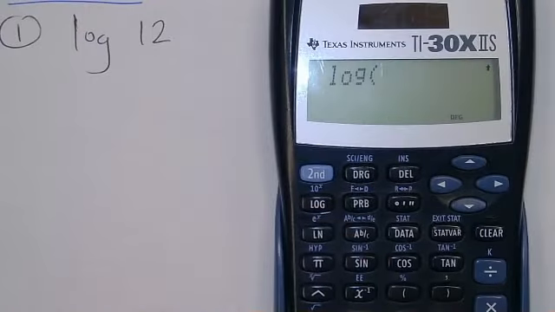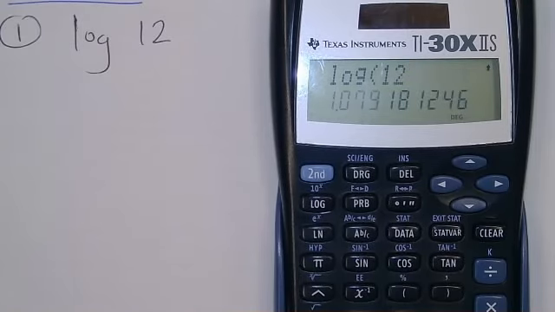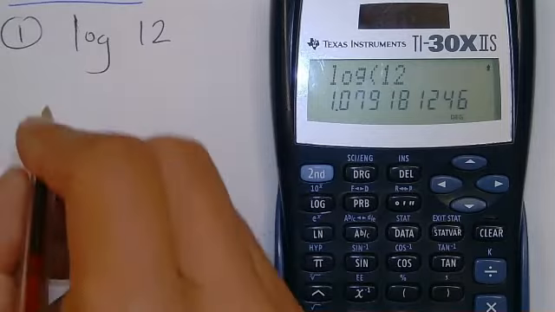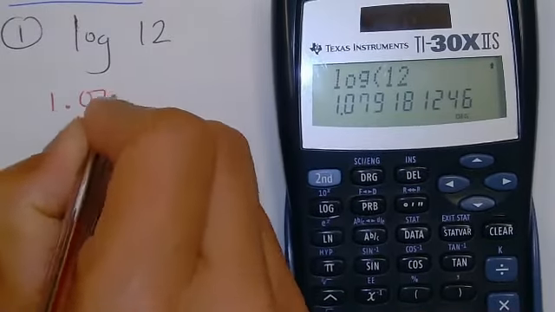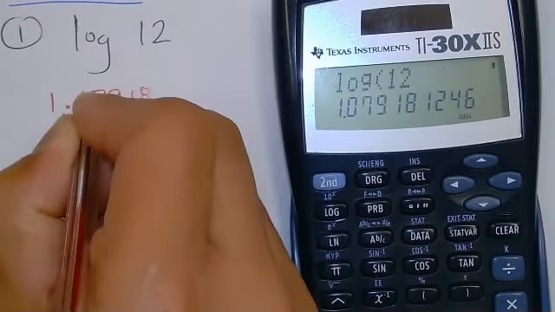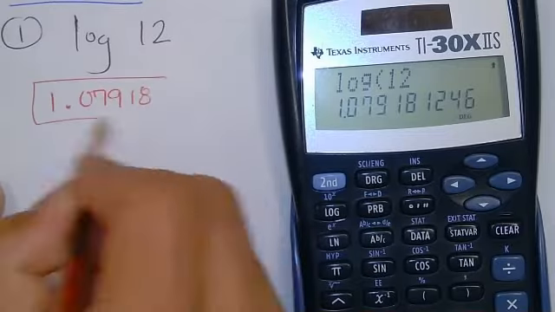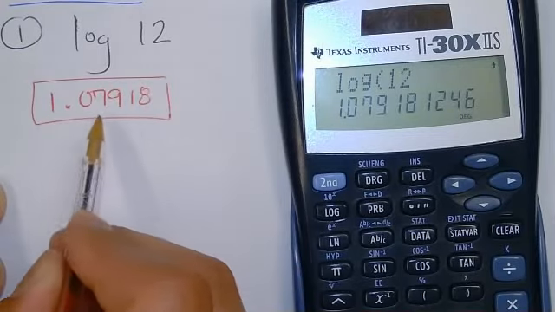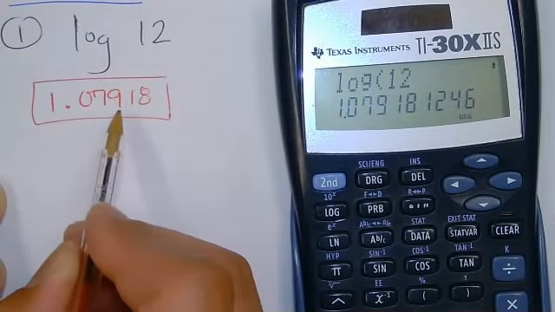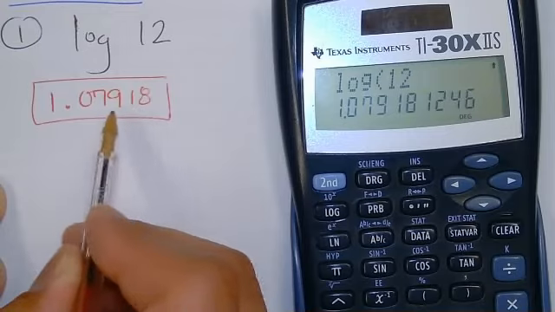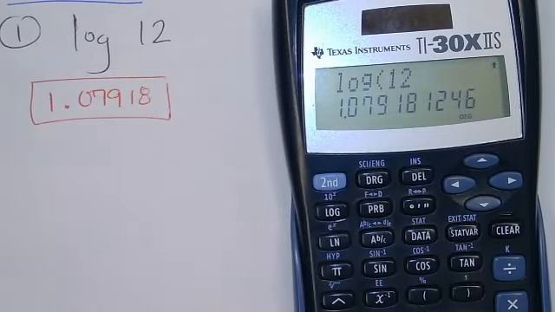You push that button, log, and then you hit 12, and then you hit enter. That's the answer. So let's write it down: 1.07918. They might round it off, which is fine. They might put 1.08, but about 4 or 5 numbers.